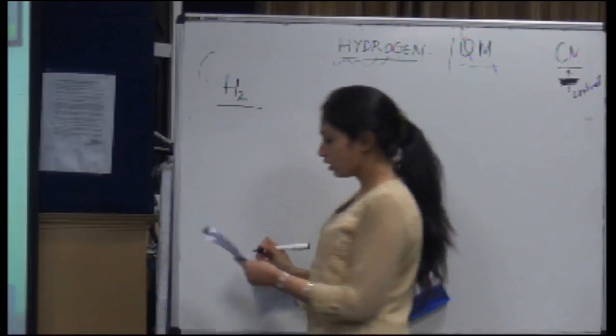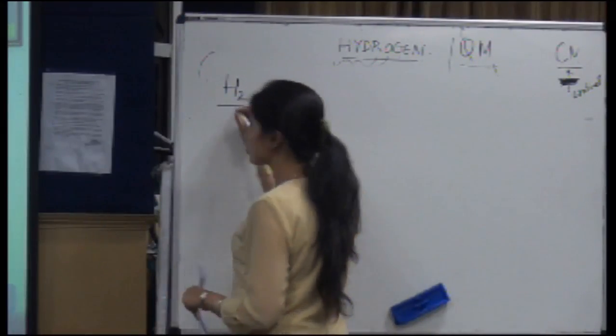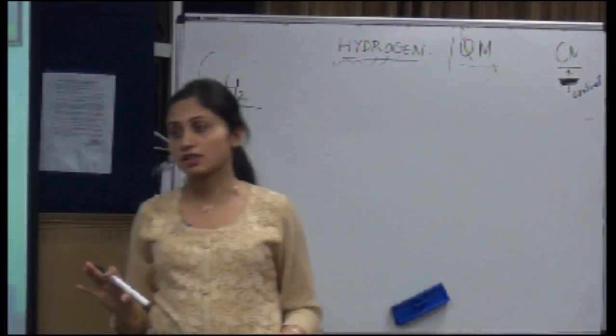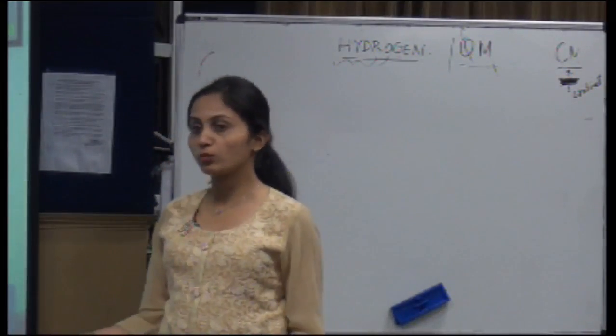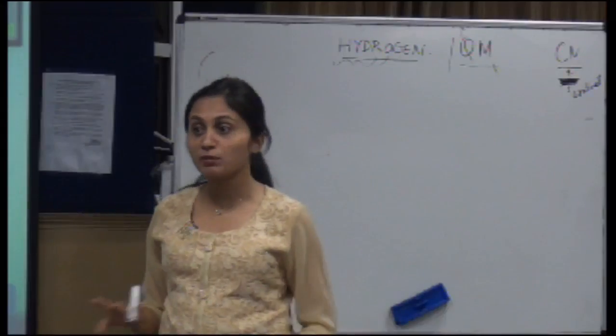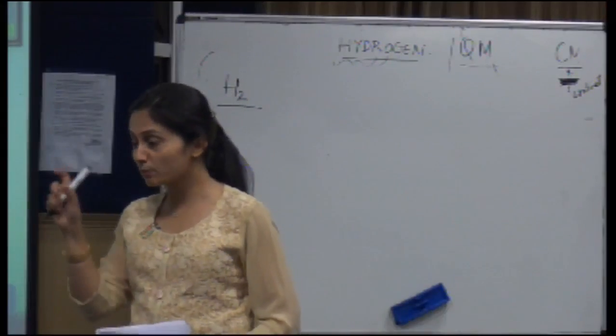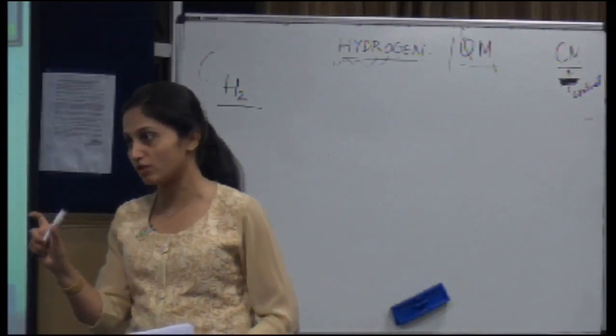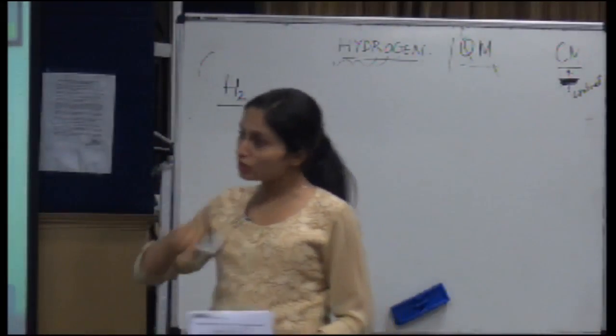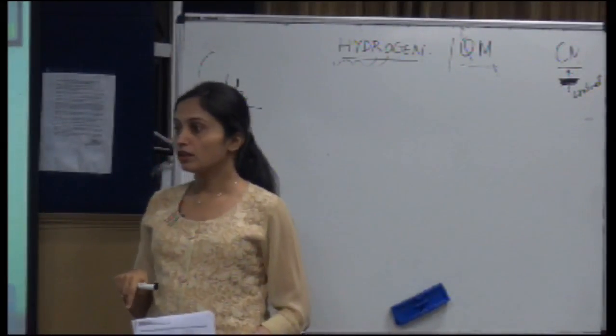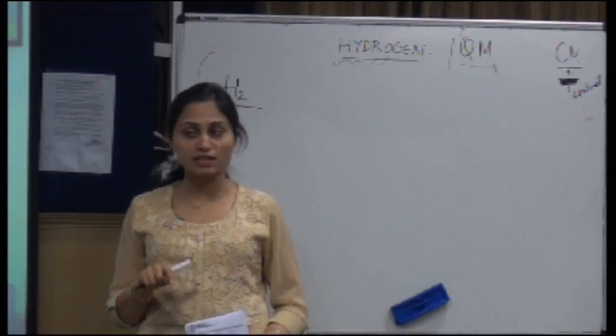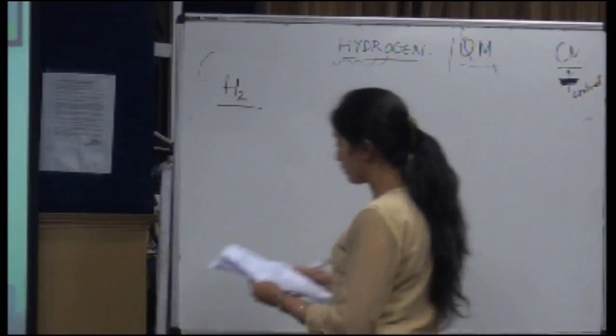Now there are two types. Dihydrogen is the most abundant element in the universe. H2, all of you know what H2 is. Be careful in reading your question: universe. Whereas the abundance on earth is very little.